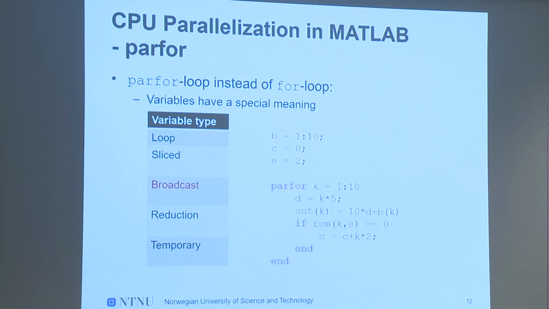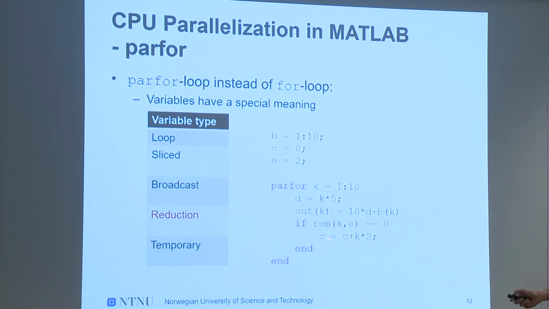Broadcast variables, in this case e, are not changed inside your loop and do not get transmitted outside of your loop. Generally they are not transmitted outside.